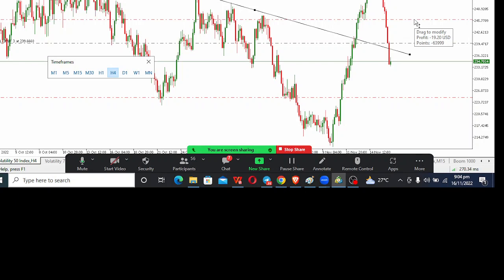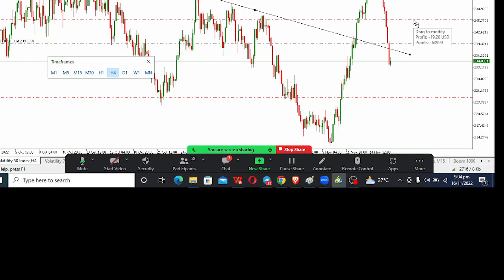So here too, you see we have negative 19.2, and the points we have is 63,999. So divided by 19.2, we still have 3,333.